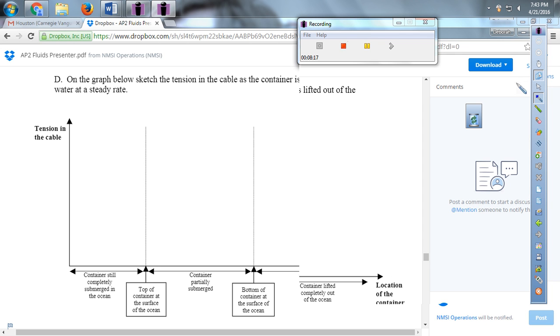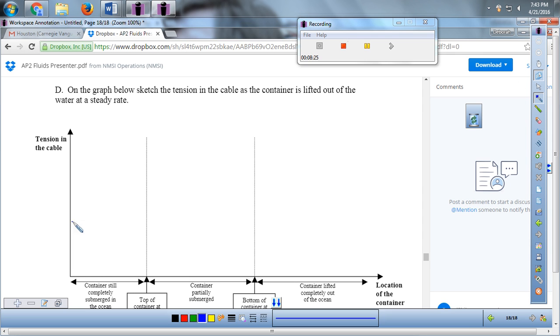Okay, so we got to draw the tension in the cable. So it should be constant right there. It's not a very straight line, but that's constant at 31,000 newtons. And then once we get it out of the water, we know that this tension is going to be equal to the weight. So I think that's 110,000 newtons, yes.